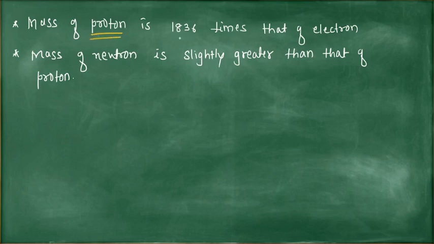The mass of a proton is 1836 times that of an electron. So the proton is much heavier than the electron. The mass of a neutron is slightly greater than that of a proton. So Mp is almost equal to Mn, but there is a slight difference. These two are not exactly equal, but the difference is negligible.